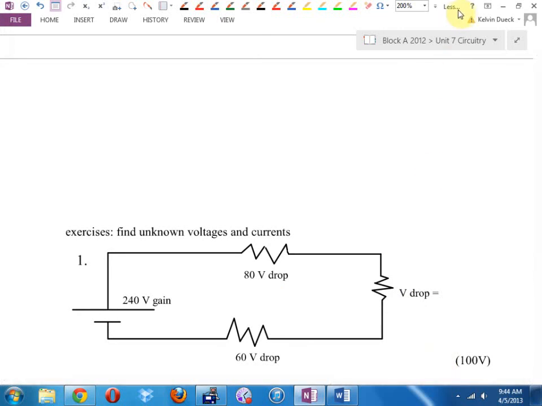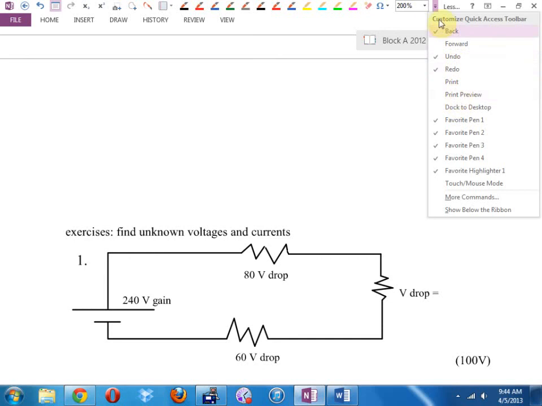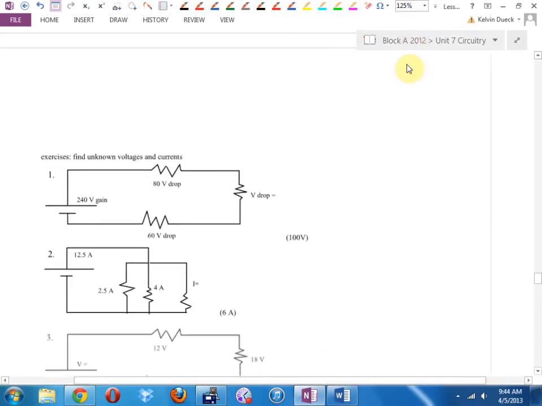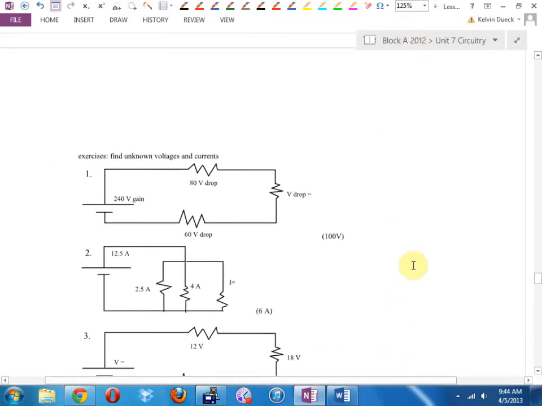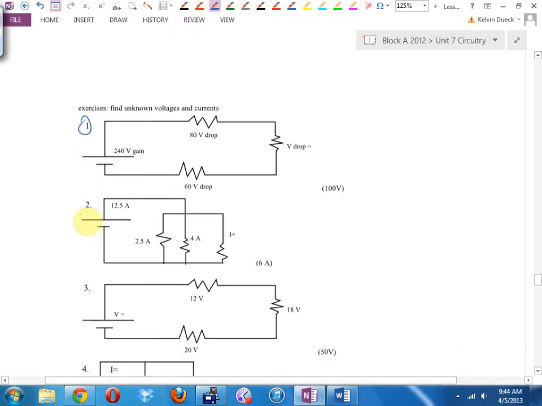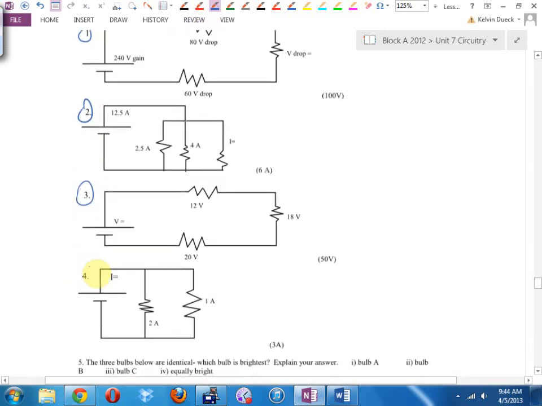Homework for Wednesday. Need to practice this. This is fundamental. Number 1 is good. Number 2 is good. Number 3 is good.